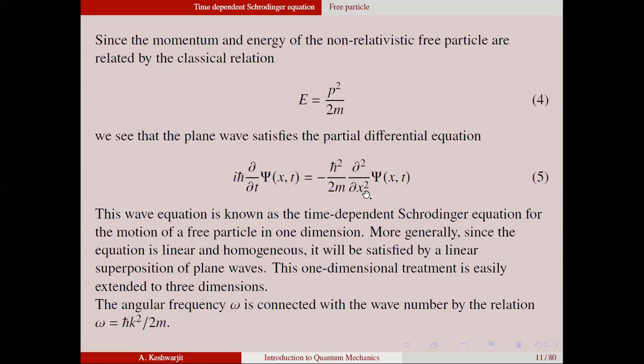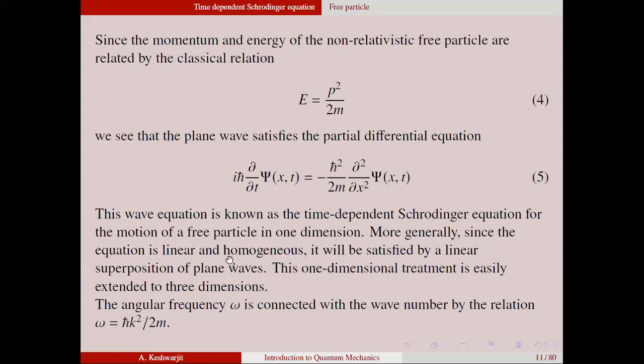The second order derivative, or any order derivative, is still a linear term as long as there are no psi square, psi cube terms, and no psi and derivative multiplication terms. That means this equation is linear in psi, and it is homogeneous. Homogeneous means all terms contain psi. The term on the left contains psi, and the term on the right also contains psi.